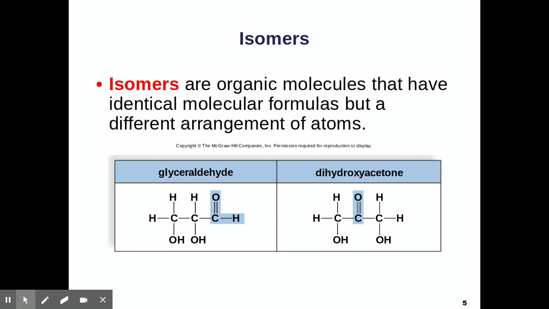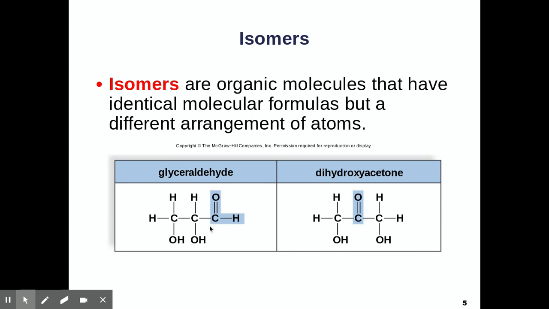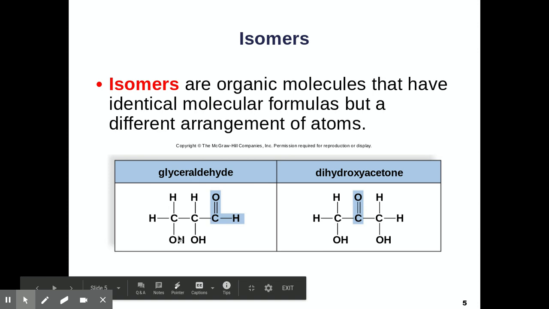Same with a molecule. What you're looking at here, this molecule has C3, and then it's got 6 H's, and then it's got 1, 2, 3 O's. So C3H6O3. This one is totally different, but has the same formula.